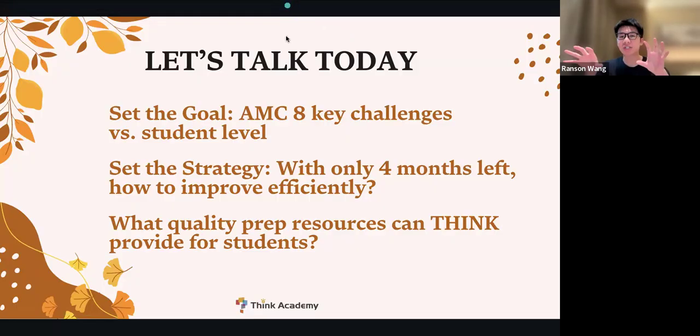You have to match the students' level with the MCA's challenge level, so that after setting this proper goal, you know where you are right now, and whether you get a certain score, you won't feel really disappointed or overwhelmed about it. And the second one is to set a strategy. With only 4 months left, how to improve efficiently? This is more of a shortcut, I'd say.